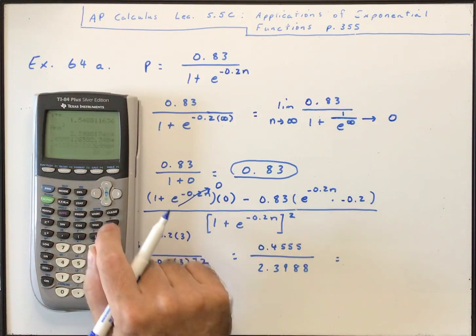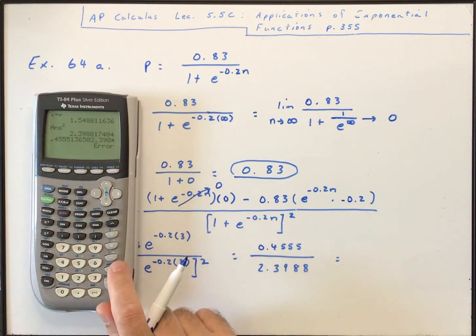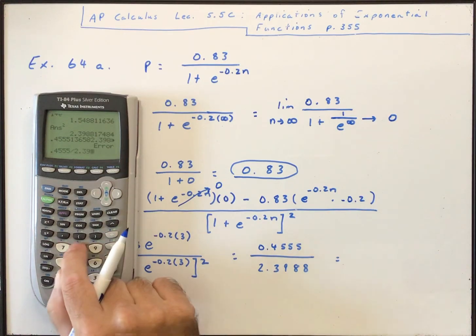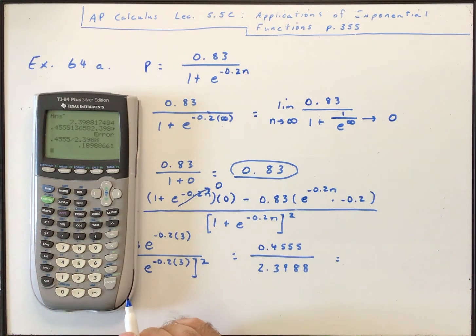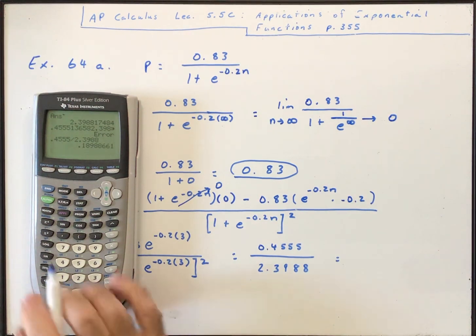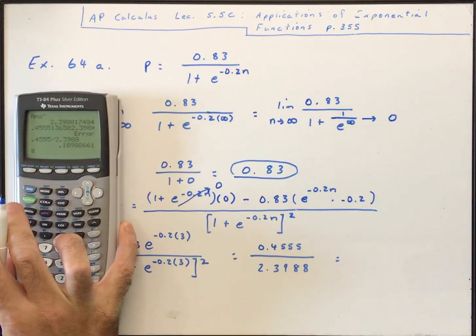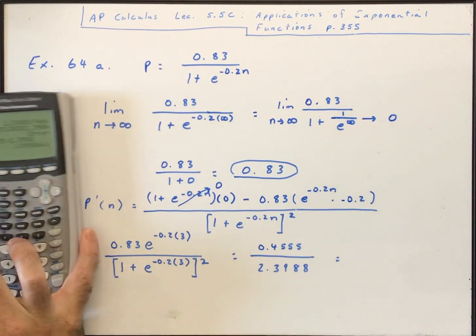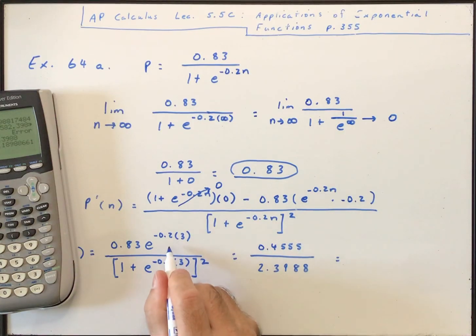Oops. I'll just type it in. So you have 0.189. So I think I did something wrong there. Oh, I forgot to multiply by the 0.2. I'm so sorry.